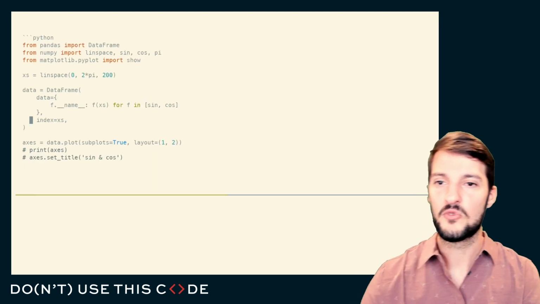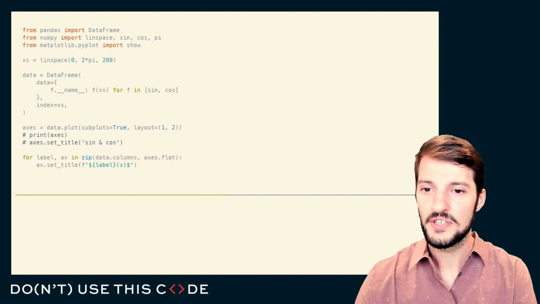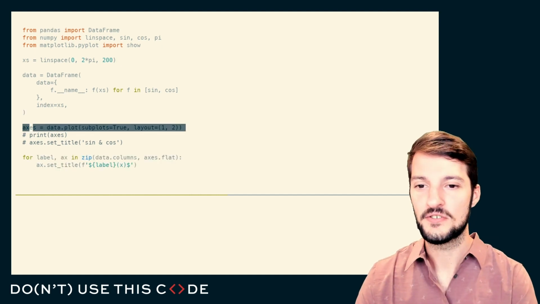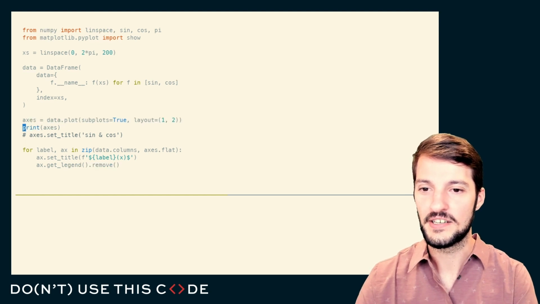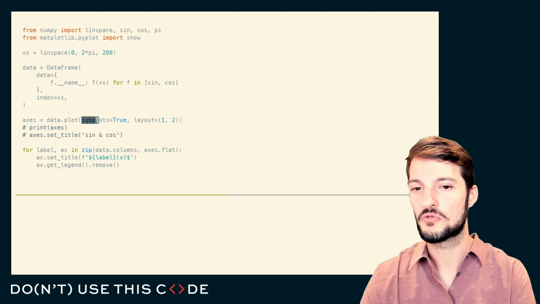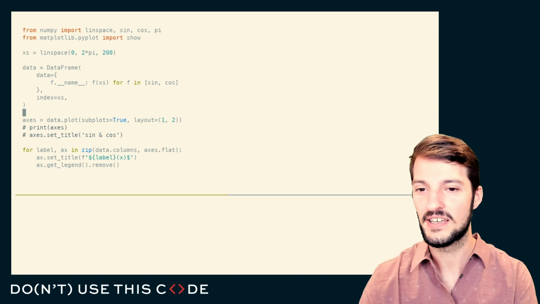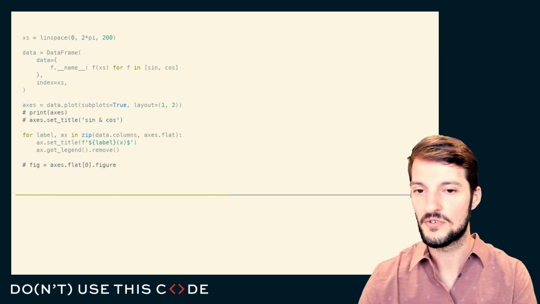So let's talk a little bit more about how we can annotate our data. If I go back to using pandas, I can show you that once I pass subplots equals true, I'm no longer getting a single set of axes back, I'm actually getting multiple.